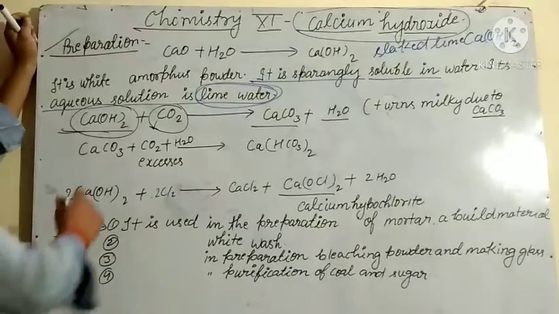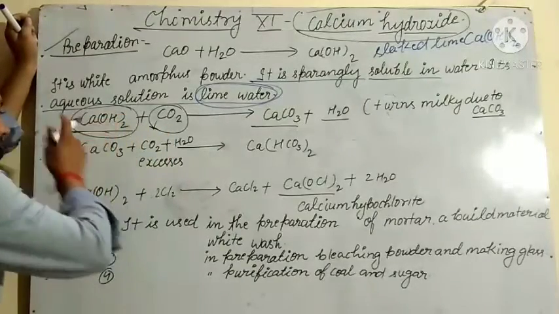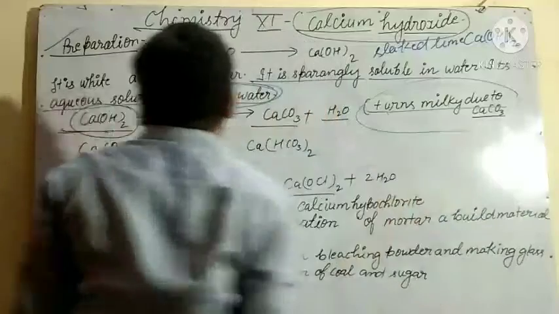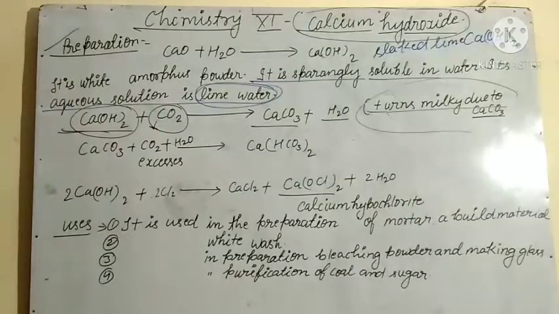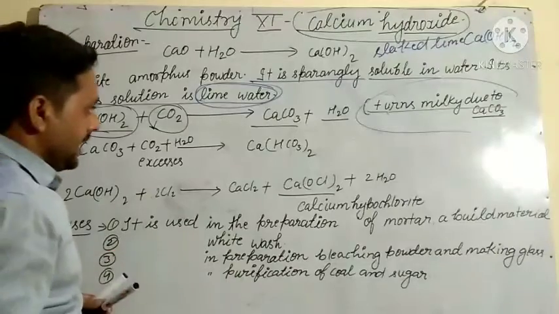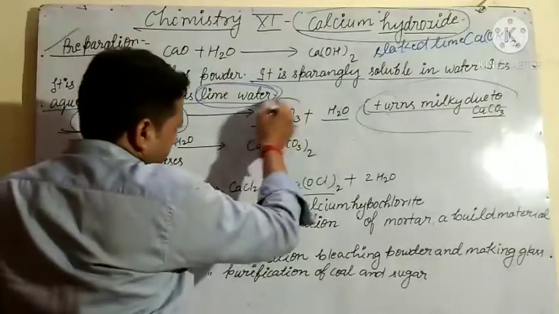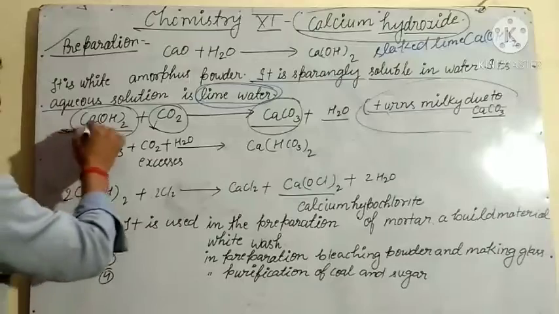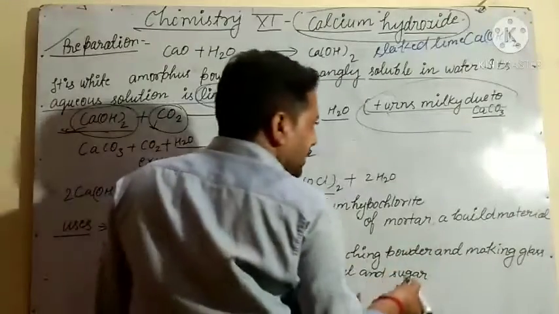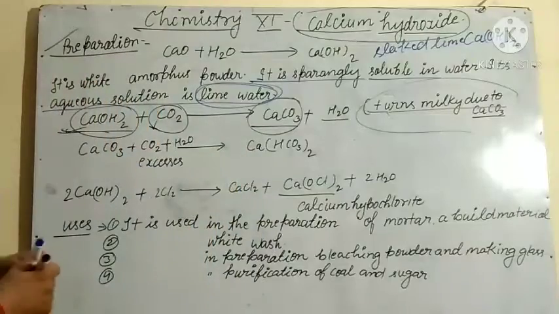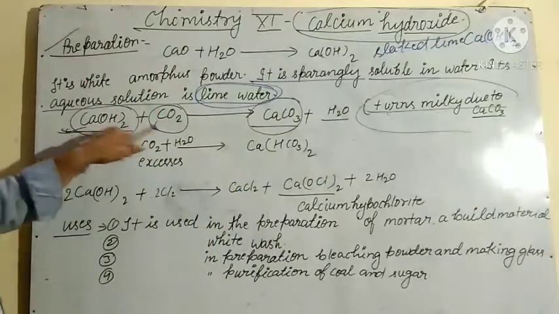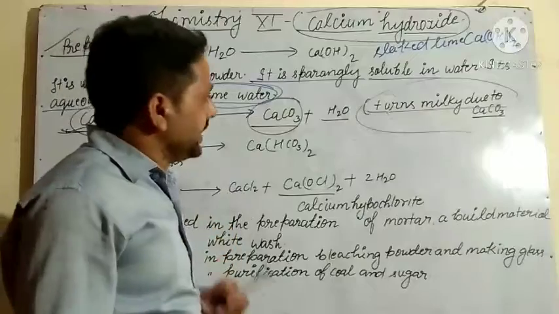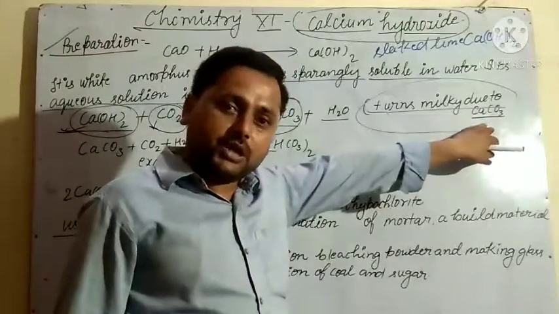It means if we pass carbon dioxide gas in calcium hydroxide solution, that is slaked lime, the solution turns milky due to formation of calcium carbonate.